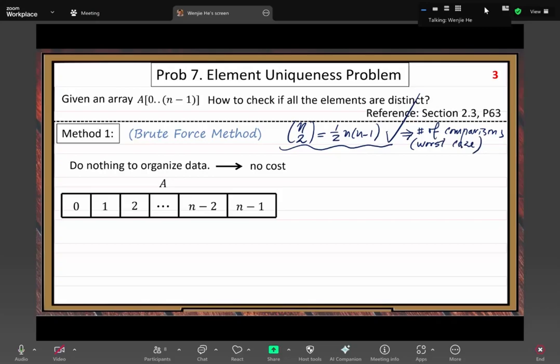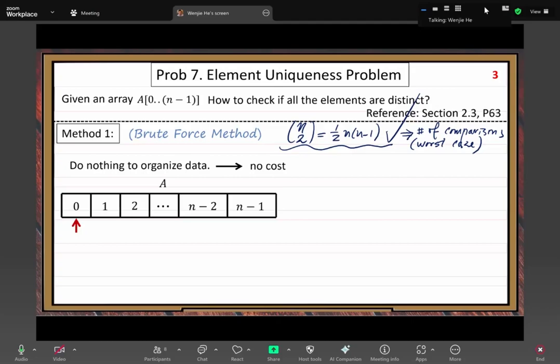But if you are asked to write a program to do this kind of checking, you need to write code, right? You need to write a nested for loop to do the checking. So here, we need to understand the implementation details, how to do the checking in our code. So when we select the first element, we fix the first element as the first component in our pair. Two components in a pair.